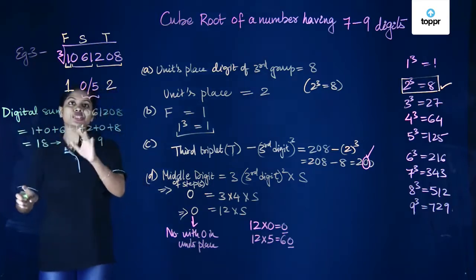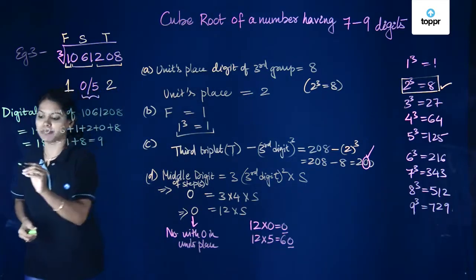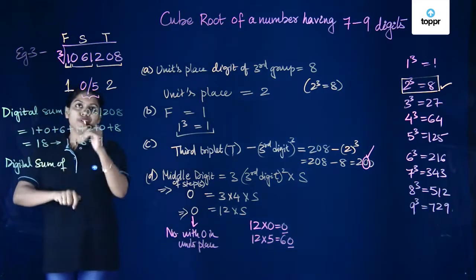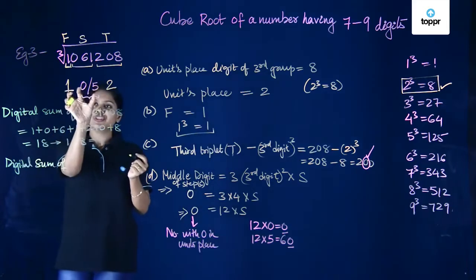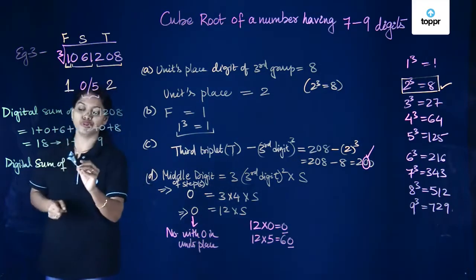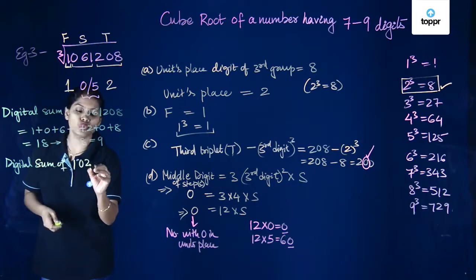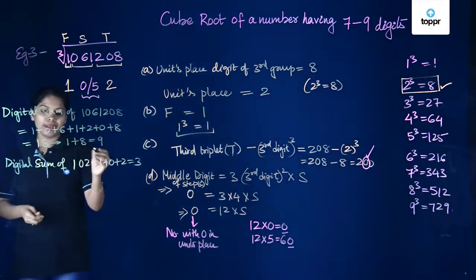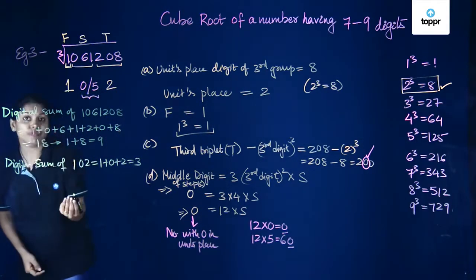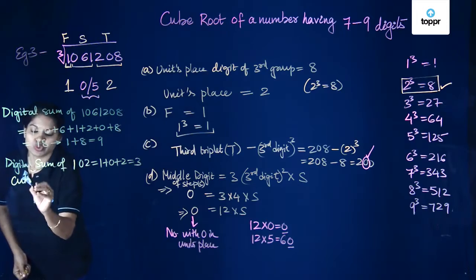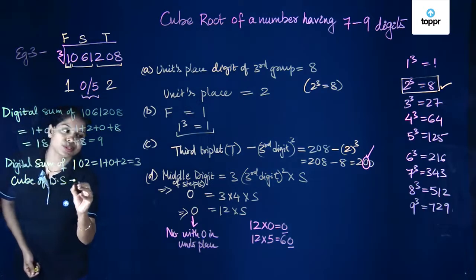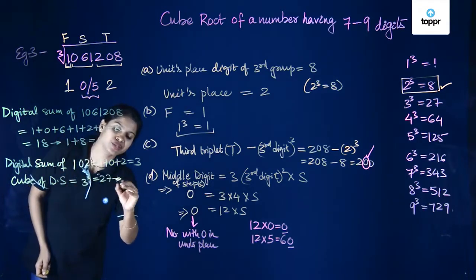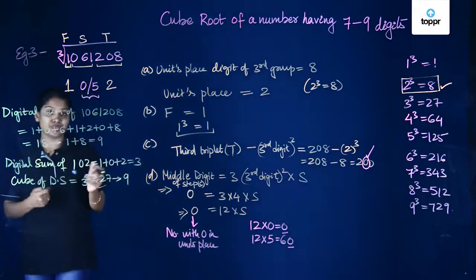Now we'll find the digital sum of the other probable numbers. The first probable number is where we choose 0. The digital sum of 102 is equal to 1 plus 0 plus 2, that's equal to 3. Now we find the cube of the digital sum. So 3 cube is equal to 27, whose digital sum again is equal to 9. So 9 here is the answer that we are looking for.